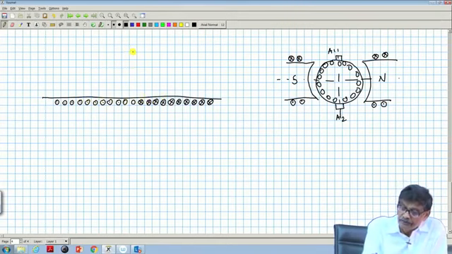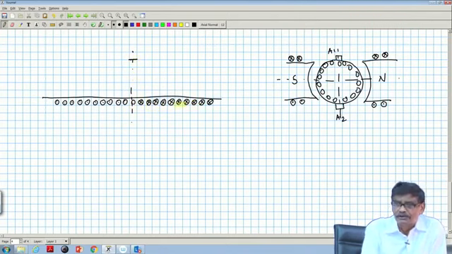Therefore, the peak value, whatever it will be, will be here at the middle, depending upon the number of turns and the magnitude of the current. Earlier it was 2 Ni by 2 or 3 Ni by 2, something like that. So, it will be a waveform distribution of this form, which you can work out.